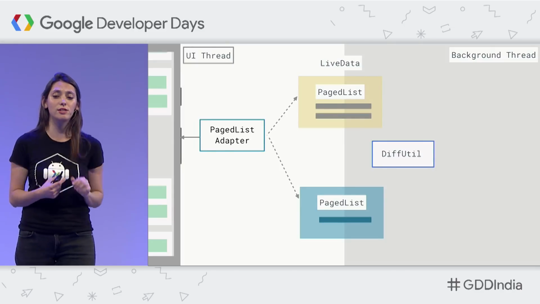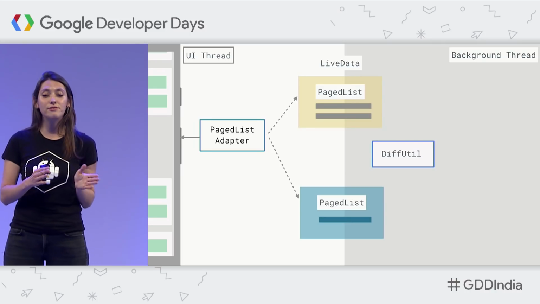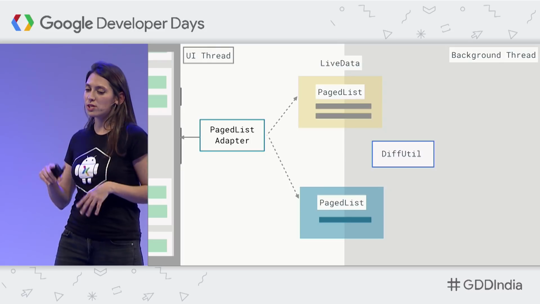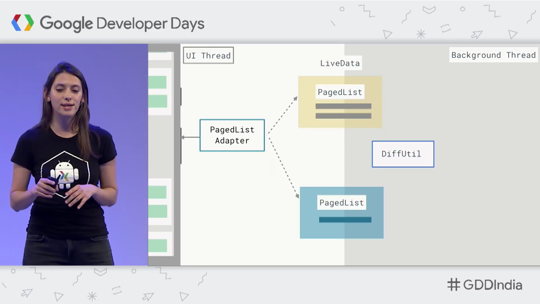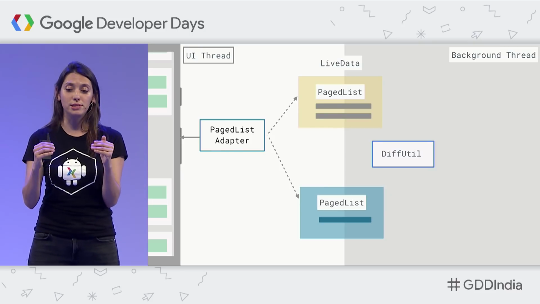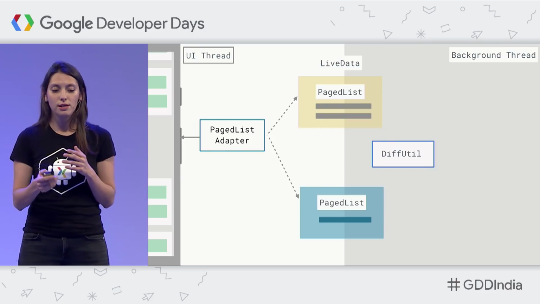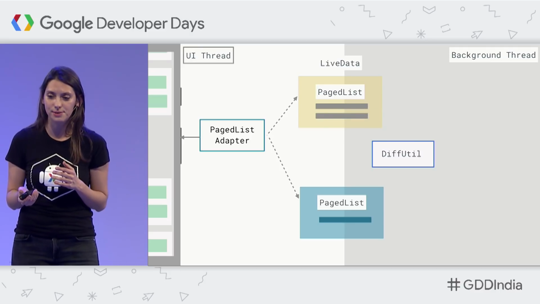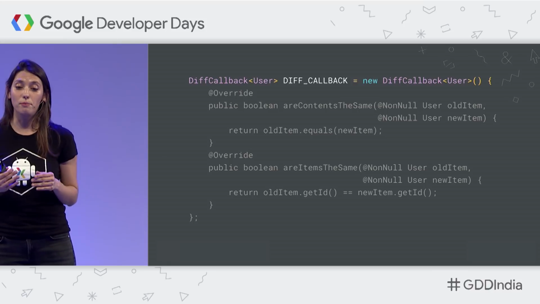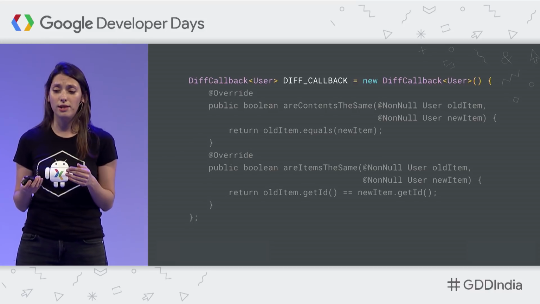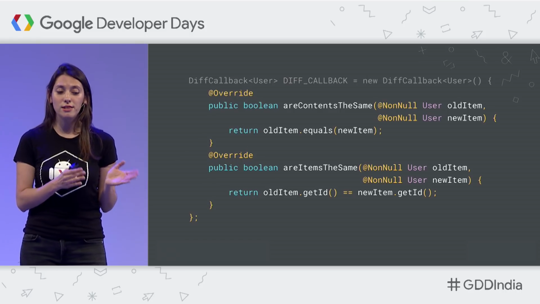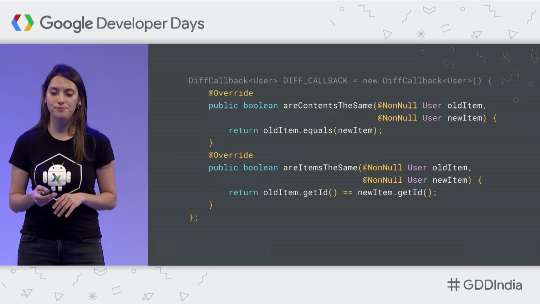I was showing this slide earlier, and I was saying that the DiffUtil compares the content of the two PagedLists. But the Paging Library wants to optimize this. Instead of comparing two lists, it knows how to compare elements, if you tell it how to compare elements. More precisely, you will need to implement a diff callback between two elements, and you will implement two methods: are contents the same, and are items the same.